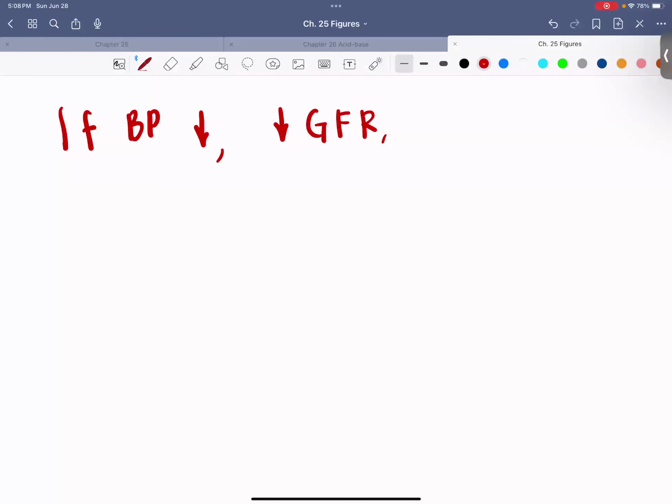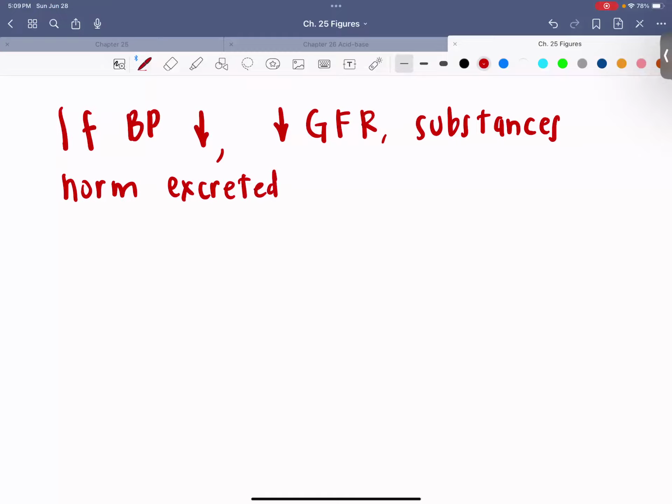If this is the case, then substances that are normally excreted by the kidneys are going to be reabsorbed instead.